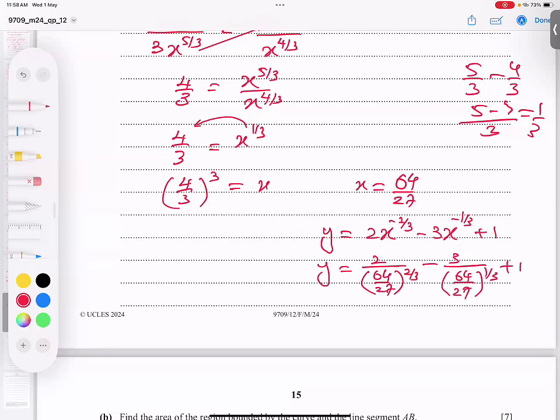Now, simple typing in the calculator. When I type it in the calculator, it comes as -1/8. So finally I get 64/27 and -1/8. This is my final answer for the coordinates.